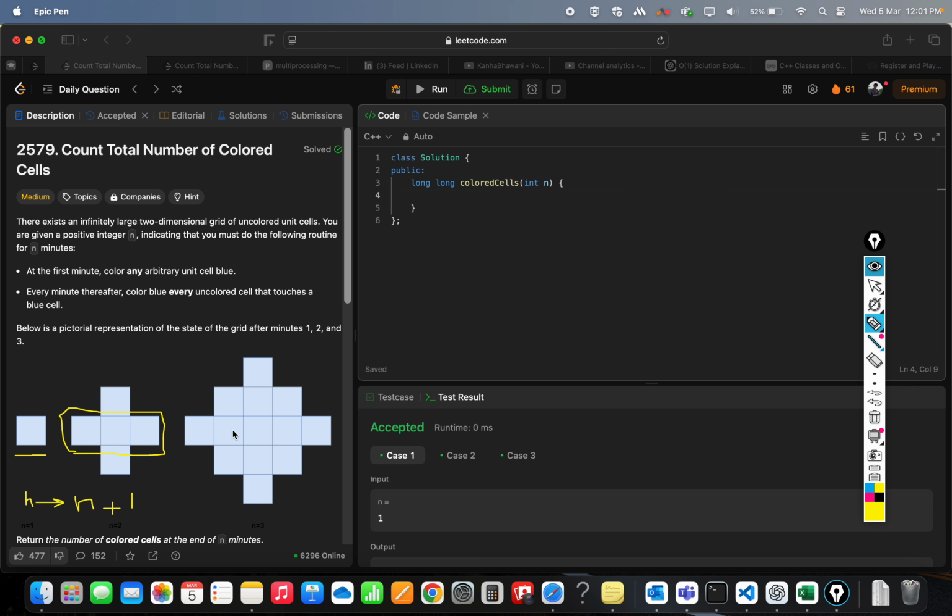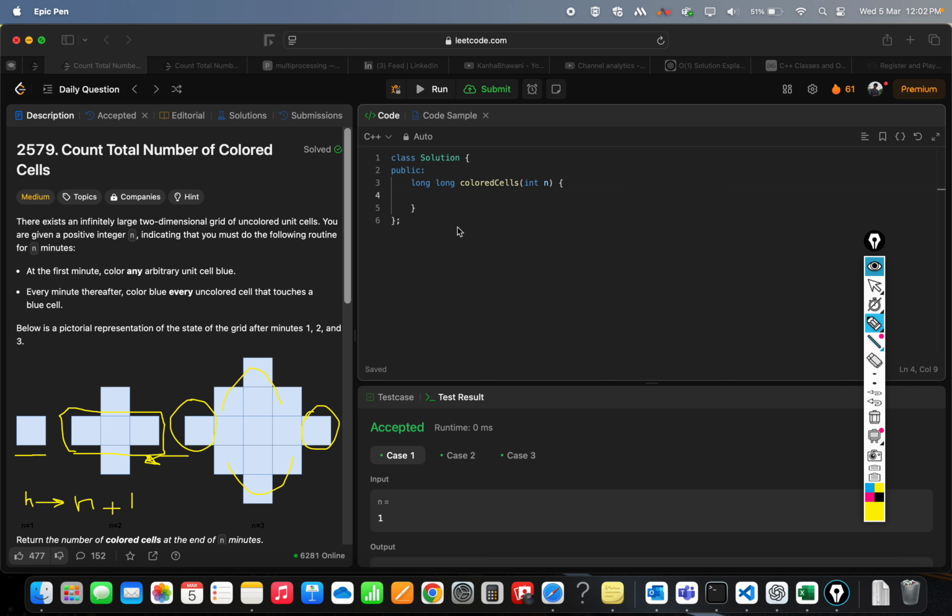The length of the pattern is 3 right now, right? Then we have to add 3 cells up, 3 cells down, and 2 extra cells to the previous cells, right?